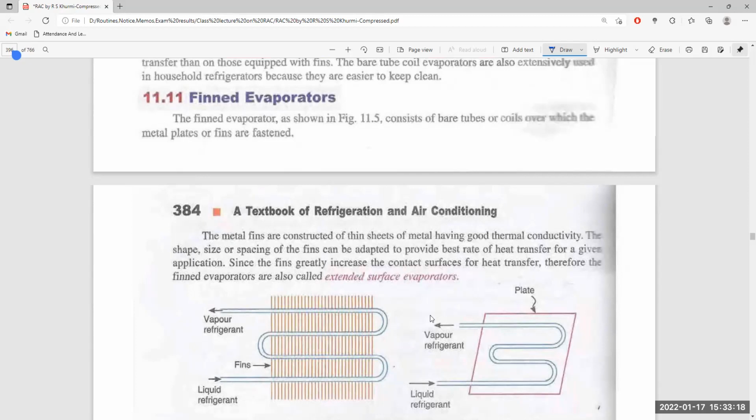The shape, size, or spacing of the fins can be adapted to provide the best rate of heat transfer for a given application. Since the fins greatly increase the contact surface for heat transfer, the fin evaporator is also called an extended surface evaporator.